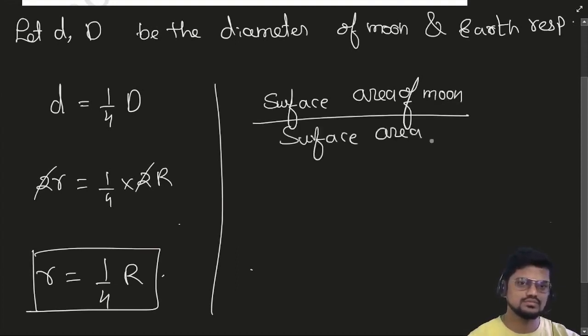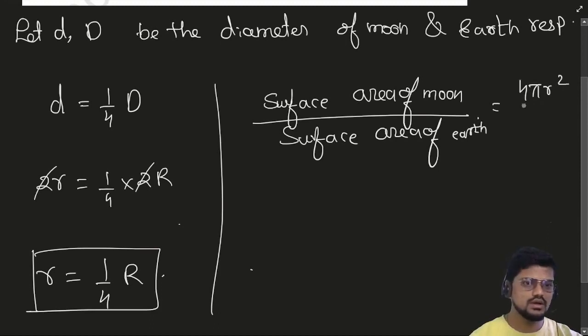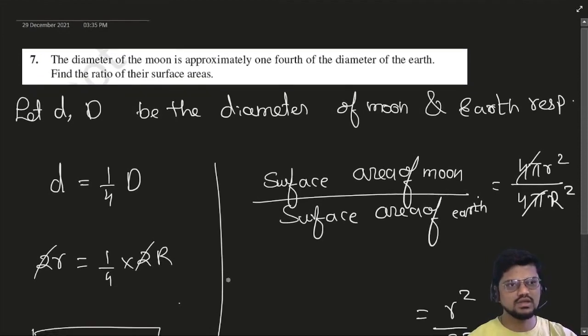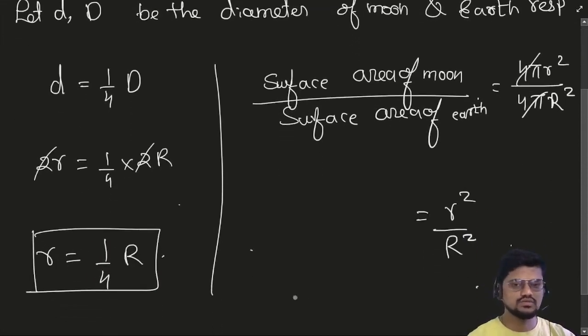Earth will be what? This will be 4 pi r square upon 4 pi R square. So this and this get cancelled. But they have said the radius of the moon is 1/4 of the radius of the earth.